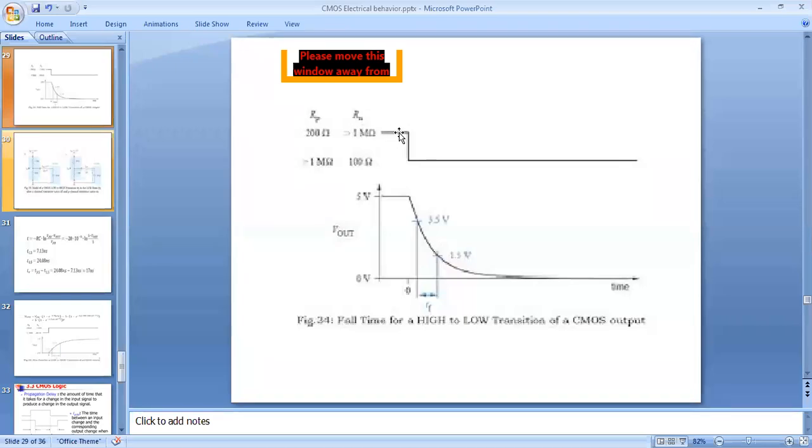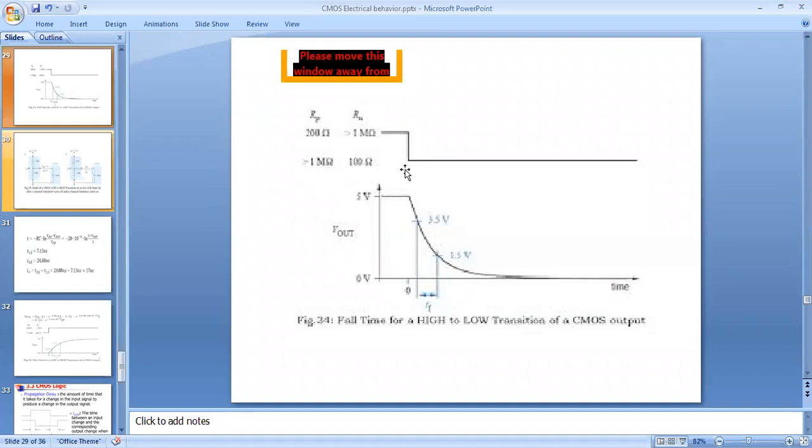That is figure A. For the second figure, at low state, we have RP as greater than 1 mega ohm and RN as 100 ohms.